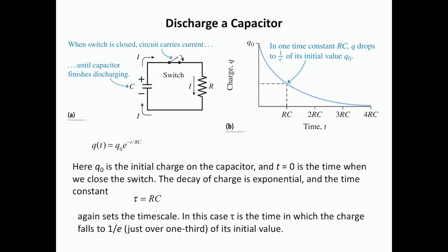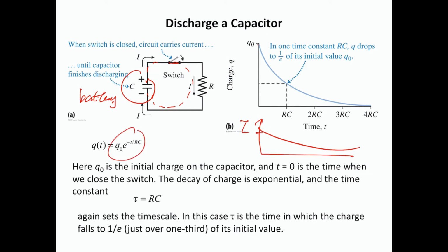All right, discharge. Yes, you can also discharge. Once you have charged up, you can just close this switch and let the capacitor act like a battery. The charge built up originally will just go through and cancel out, and the charge will discharge, and the current the same, dropping exponentially.